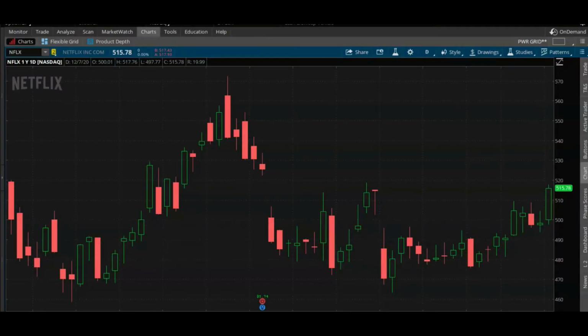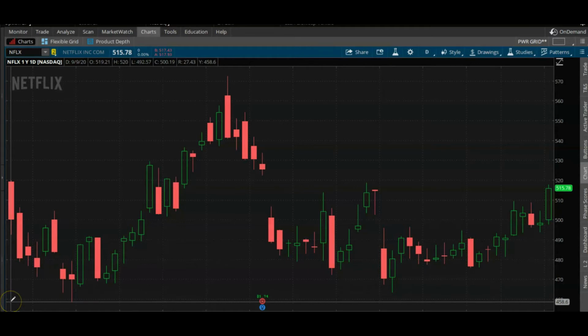So I'm going to draw support and resistance levels on this daily Netflix chart. What I'm going to do first is look for the lowest point to the left of the chart and draw a level at the lowest point. Now we have the lowest point right here at the bottom of the wick, but with drawing levels, you're trying to get as many occurrences where the candlestick or the candlestick's wick touches your level.